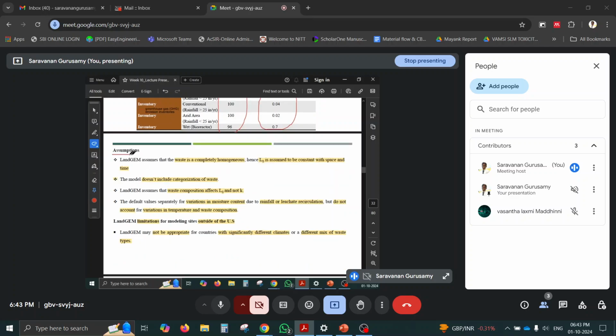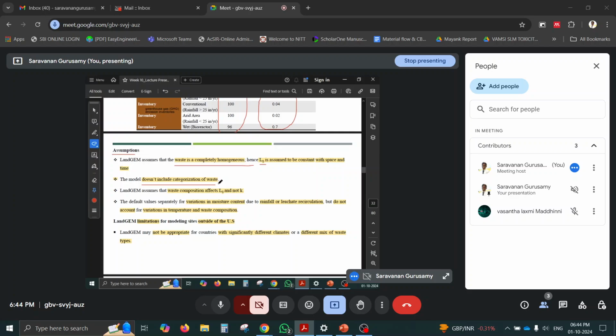So we are assuming the waste is completely homogeneous. All the waste is of a single type, having only one L naught and only one K value. So everything will decay at the same rate. That is the assumption we have to remember in LandGem. And the model does not include categorization of the waste, because the first order multi-phase decay model only considers different fractions of waste in the landfill. But the LandGem model will not consider any categories of the waste.